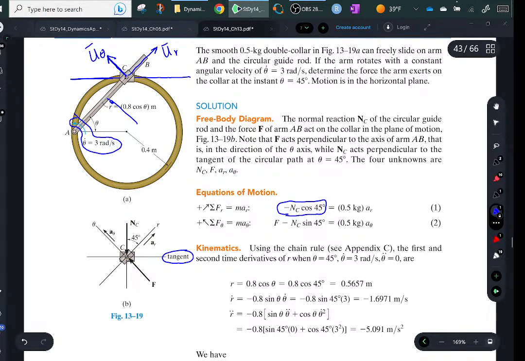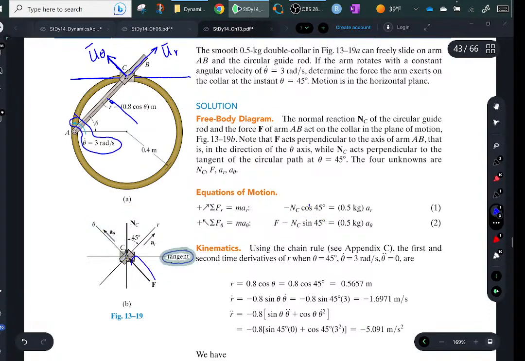And then you get this one, which is the component going that way. So this vector is going the opposite direction. You see that. And then you just see this F force here.